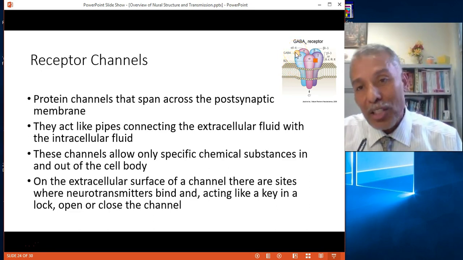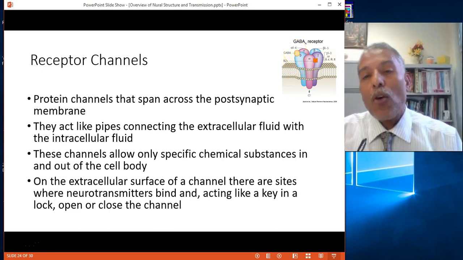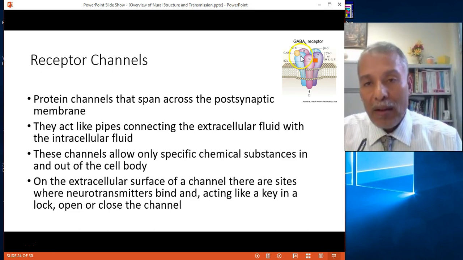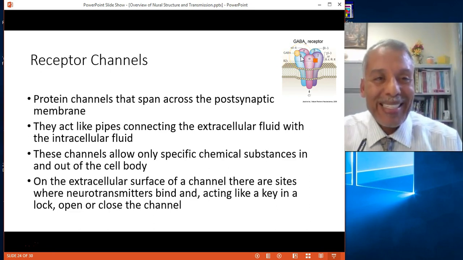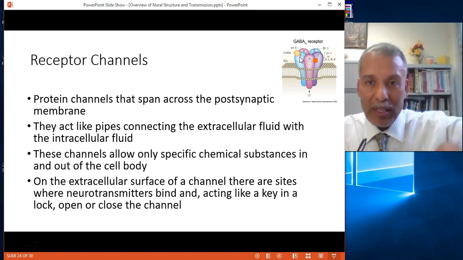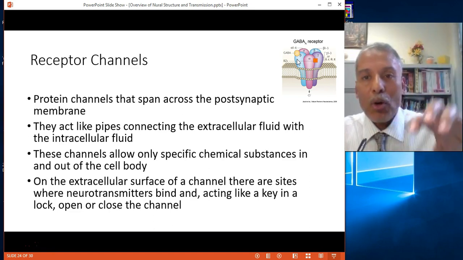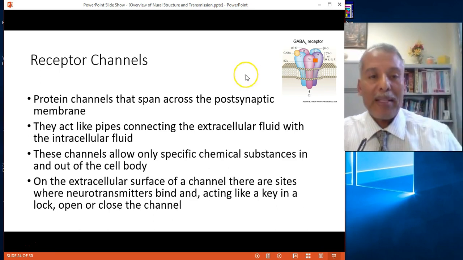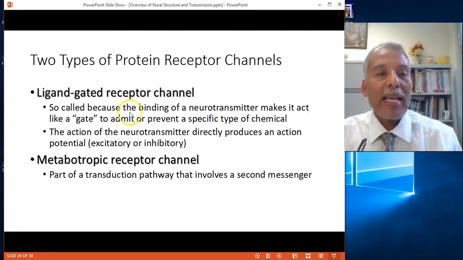The neurotransmitter, the ligand, causes the channel to act as a gate. Instead of a pipe allowing things to flow freely in and out, it can act as a gate to close and to open on demand. So that's the ligand-gated receptor channel.